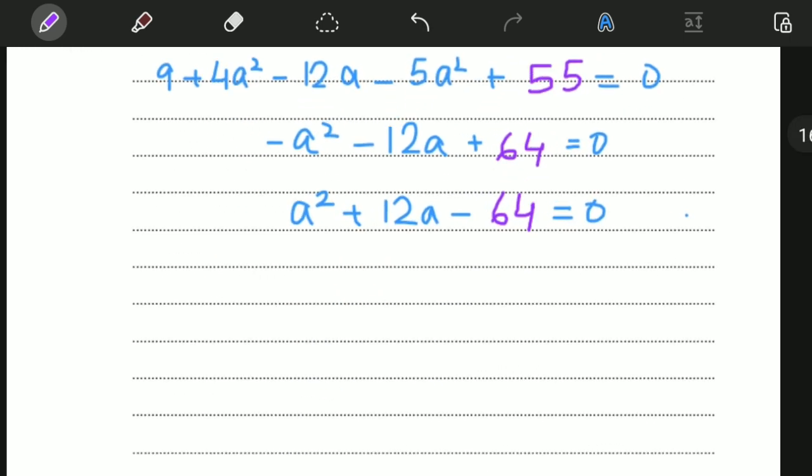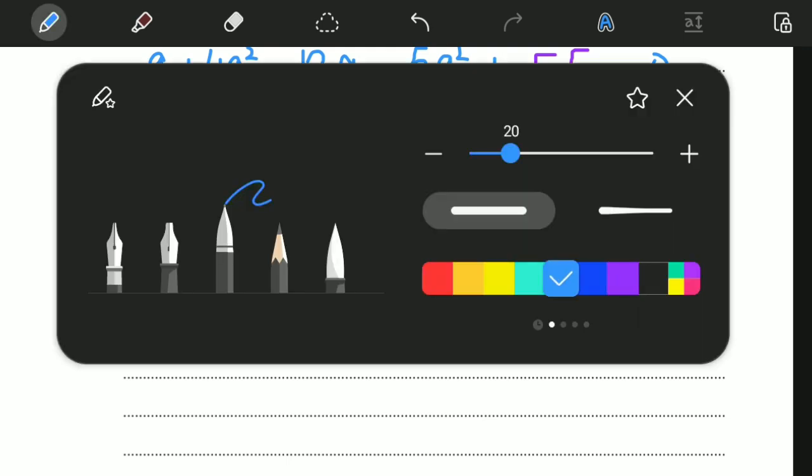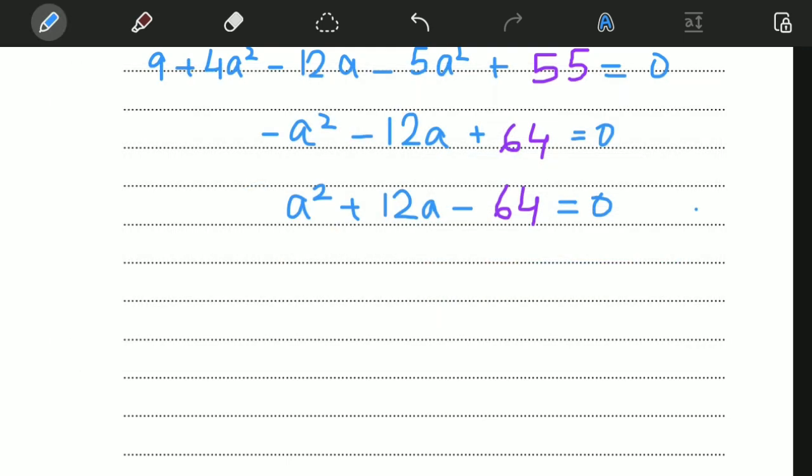Okay, now the middle term can be broken. It would be a square plus 16a minus 4a minus 64 equals to 0.